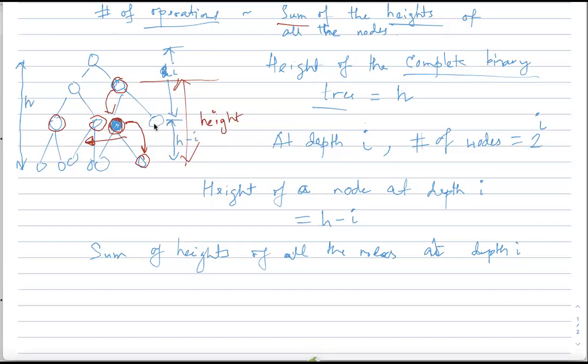So what would be the sum of the heights of all the nodes at depth i? The height of each node is h minus i, right? So it's going to be h minus i plus h minus i plus h minus i, as many nodes as there are at that level, right? We know that there are 2 to the power i nodes, correct? So it's going to be 2 to the power i times h minus i.